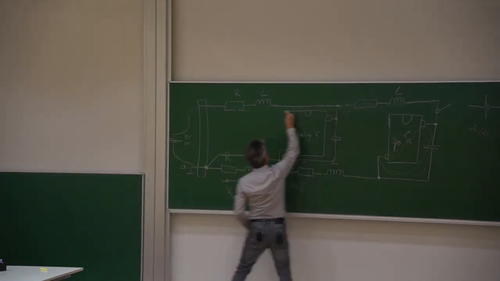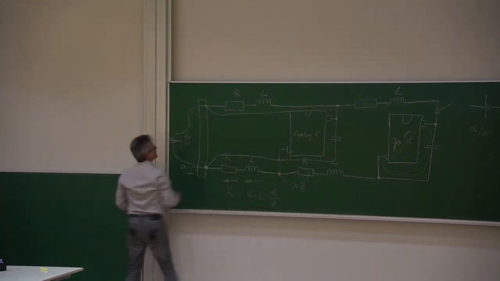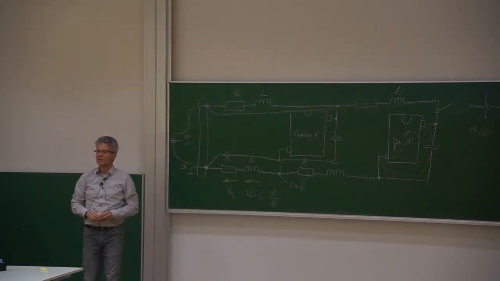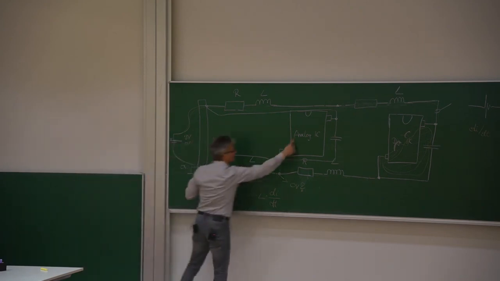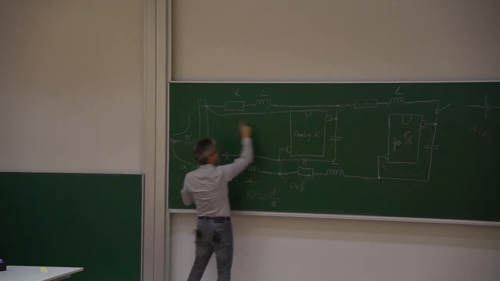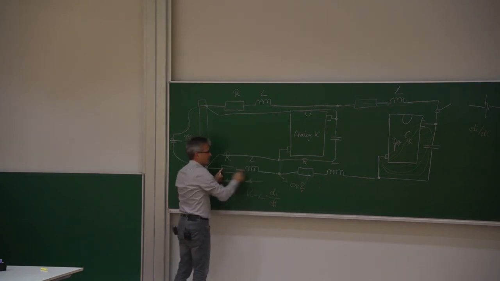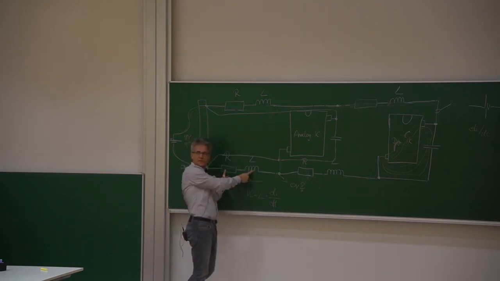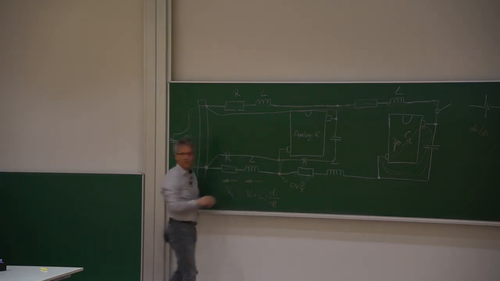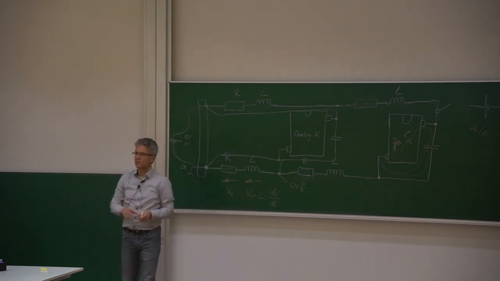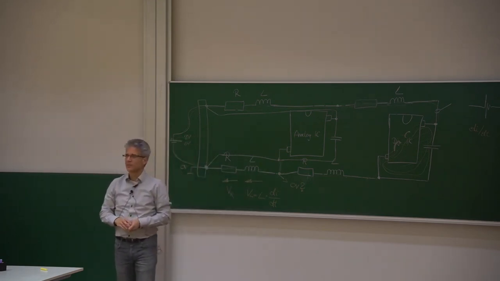Yeah, it's not that easy to draw anymore in my drawing. So then this loop here is not sharing the same resistance and inductance anymore with the digital loop, so separating the domains a little bit. Okay, very good.